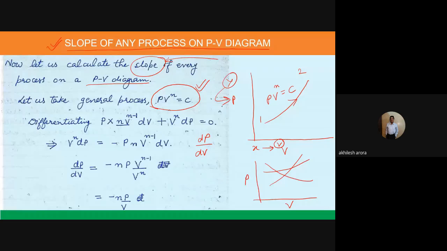You know that slope is actually dy by dx. You must have studied this in differentiation, that dy by dx gives us the slope. So here dp by dv will give us the slope. So we will differentiate this equation. This is the differentiation part. I think that you know about it.